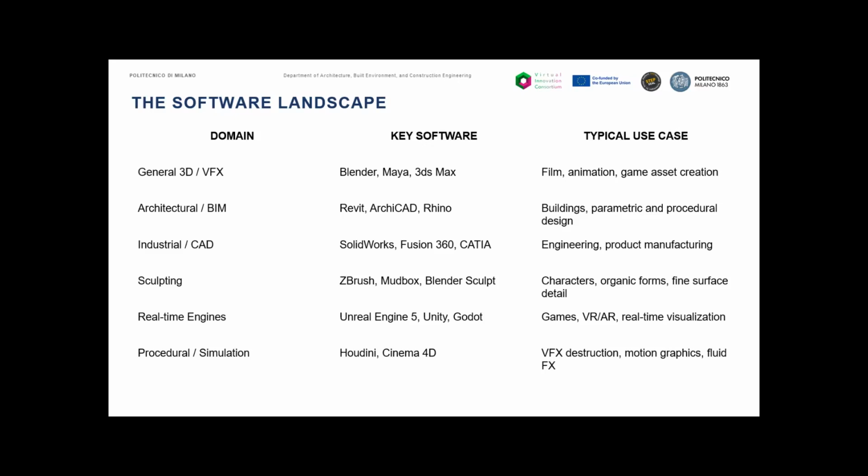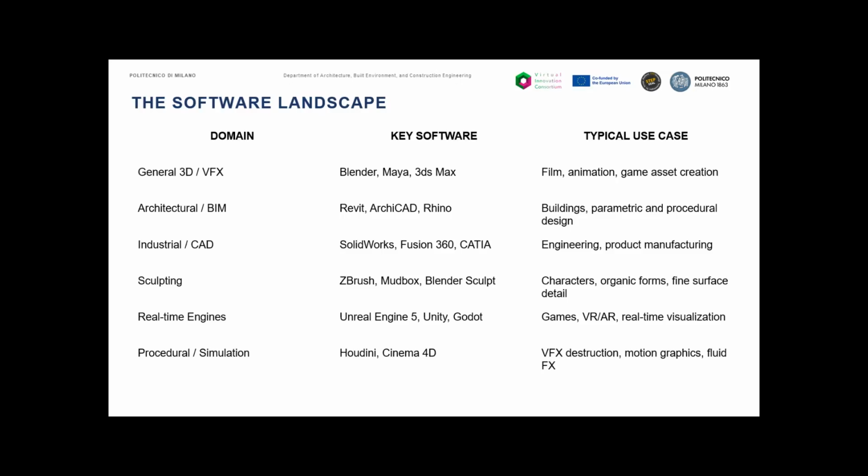The software landscape in 3D production is domain specific, obviously, but actually it's very easy to underestimate it. We can see here in the table, we mapped, and those are not all the key softwares, but they are the primary tools.